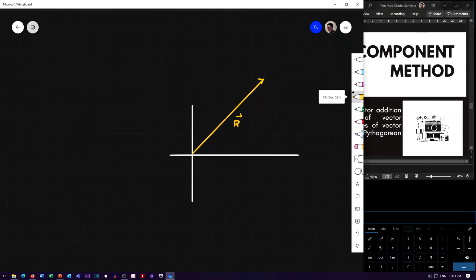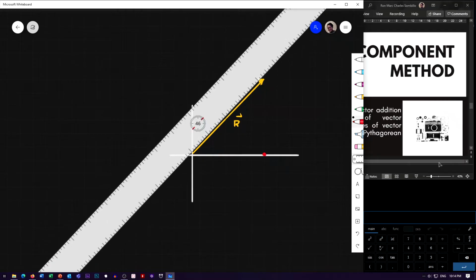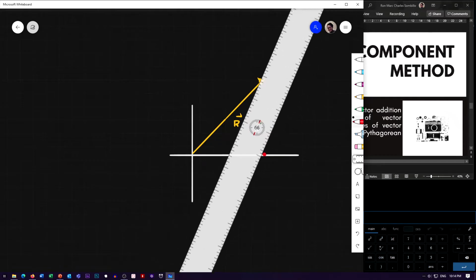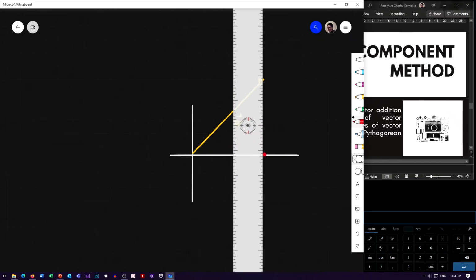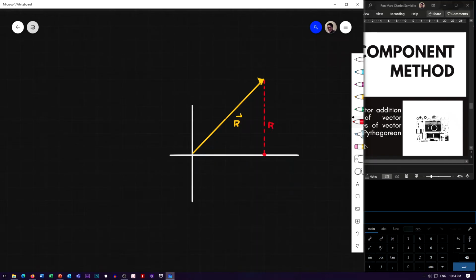So you can see it has two components, right? Components, if you remember in math, you can describe it by its coordinates. So let's say its x component or x coordinate is this long, because as you can see, let's try to draw some mark like this. So there, this is its x component, so we're gonna call this r sub x.